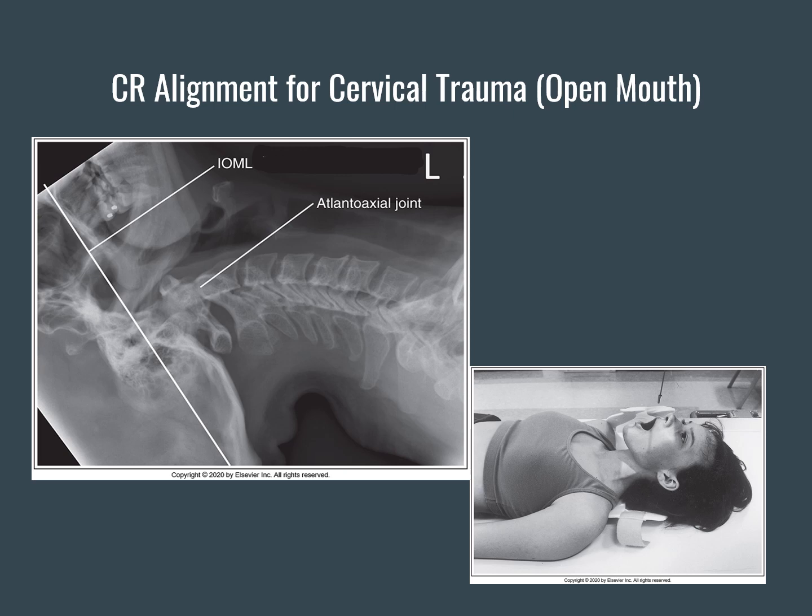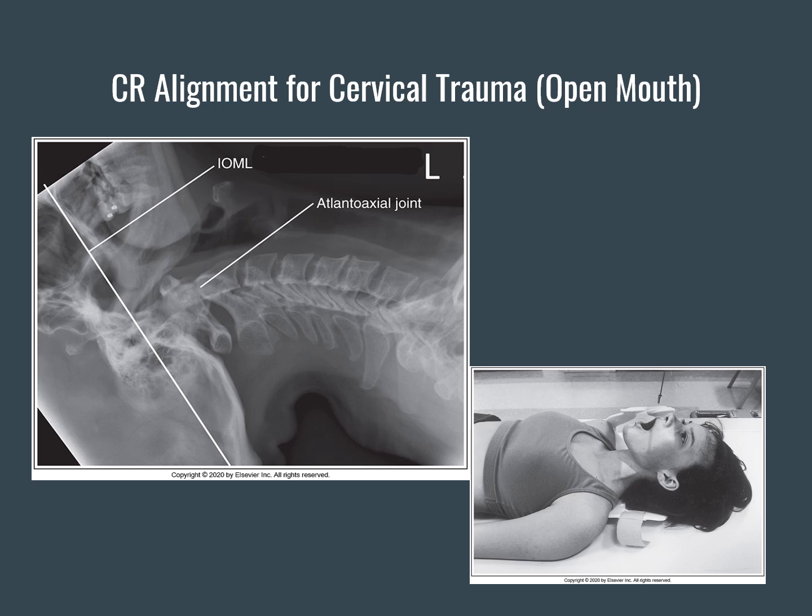Because of that upper chin tilt in the C-collar, the occipital base is actually positioned directly beneath the dens and the atlantoaxial joint space. So what do we do to obtain this projection in this position?